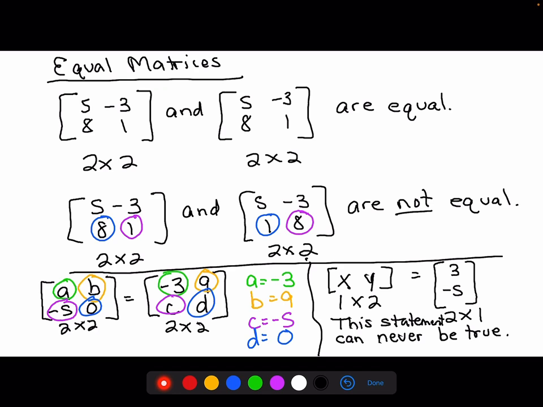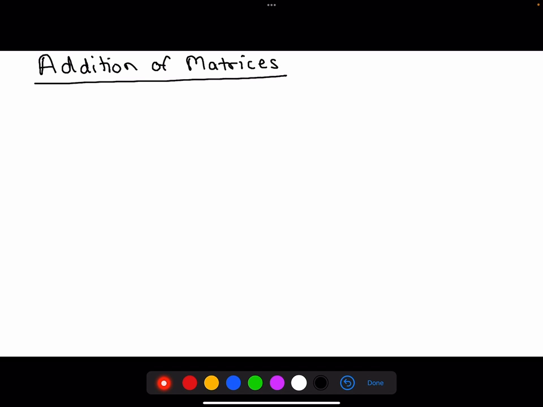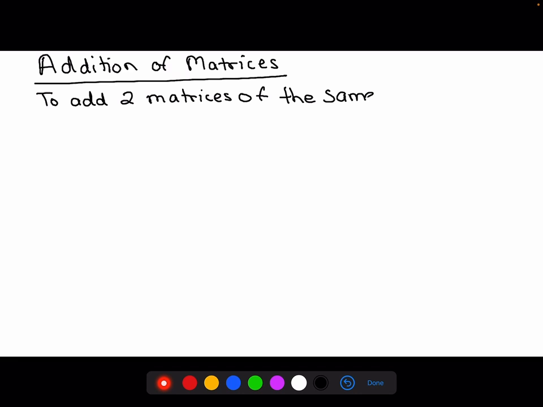Okay, so that's equality. What about addition of matrices? To add two matrices of the same dimension, add corresponding elements.